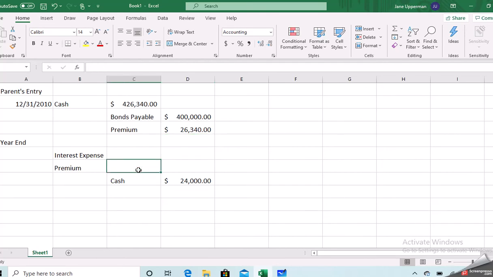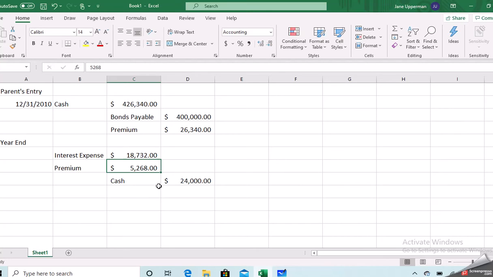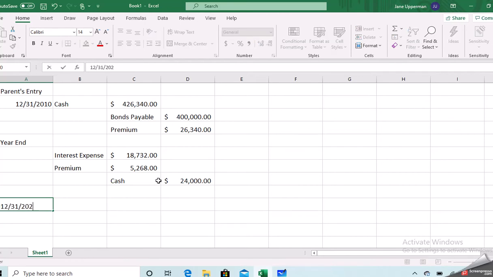So we will go with what they tell us, and what they tell us is 5,268. Okay, so then our interest expense is the net of those, what we need to make it balance. So it'd be the 24,000 minus 5,268, or 18,732.